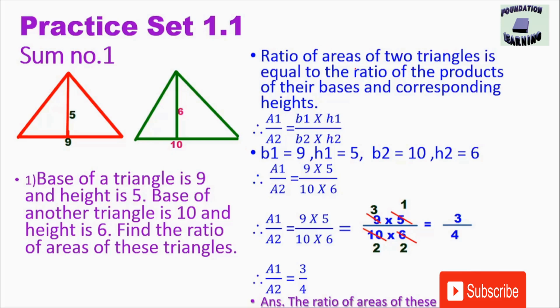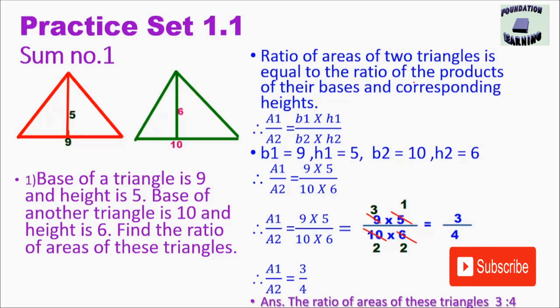Now the ratio of areas of two triangles is equal to the ratio of the products of their bases and the corresponding heights. Property number 1. This is nothing but B1 into H1 upon B2 into H2.